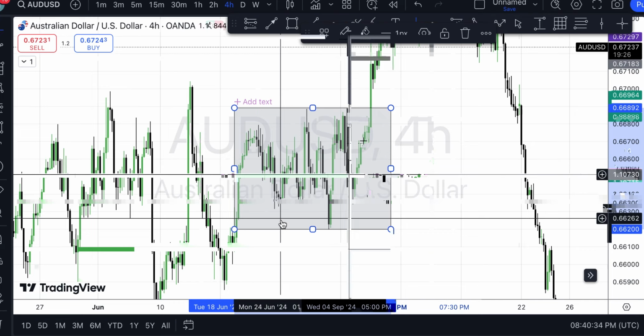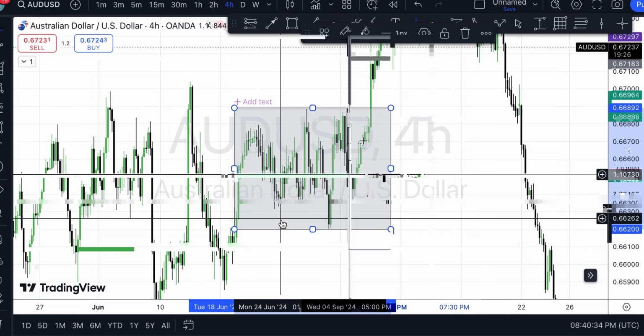A trader might consider selling near a resistance level, anticipating a price reversal. So the third one is risk management. Placing a stop loss order just below a support for a buy trade or above resistance for a sell trade can help manage risks in case price doesn't behave as expected.